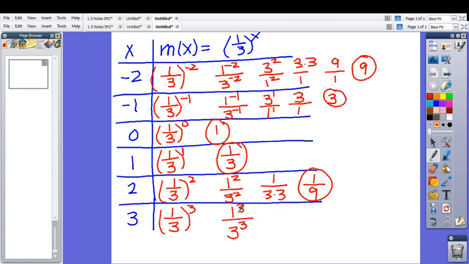So 1 times 1 times 1 is again 1, but this one will be 3 times 3 times 3, which is 27. So it is 1 over 27. Remember, 1 over 27 is not the same as 27, so do not do that. So the answer is 1 over 27.